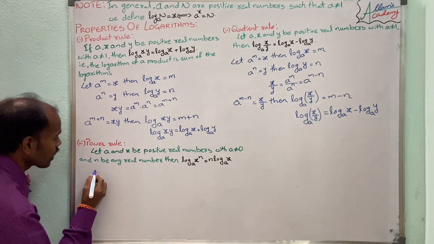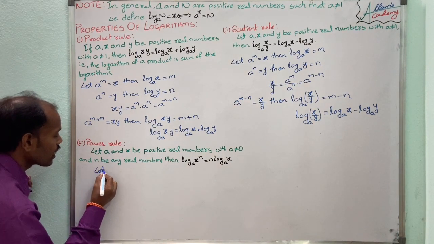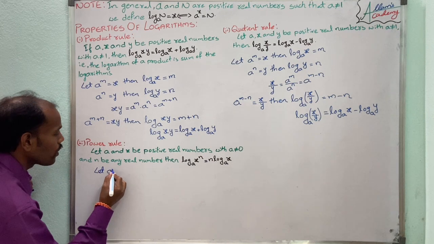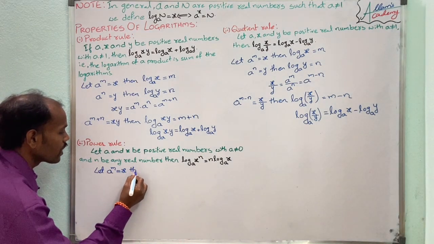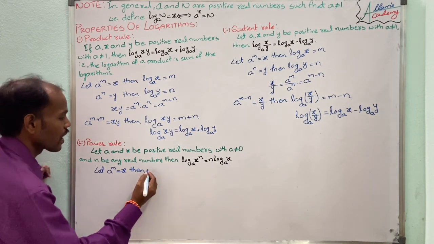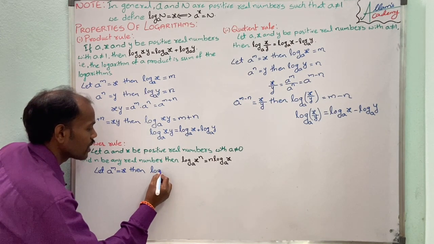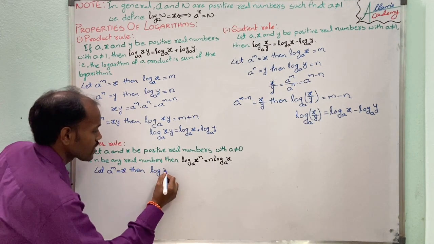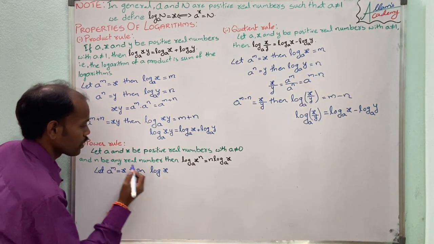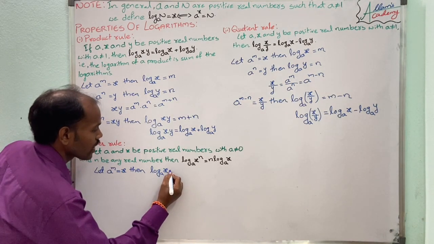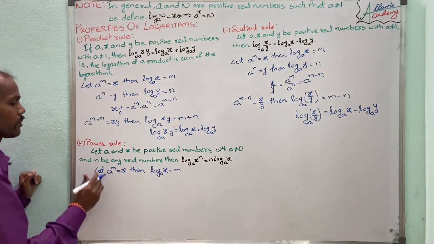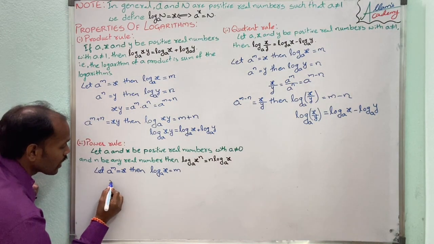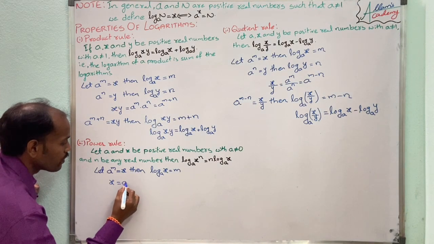Now here let a power m equal x. This is the exponential form; in logarithmic form, the base is a, the result is x, so log x base a equals m. Now x equals a power m.